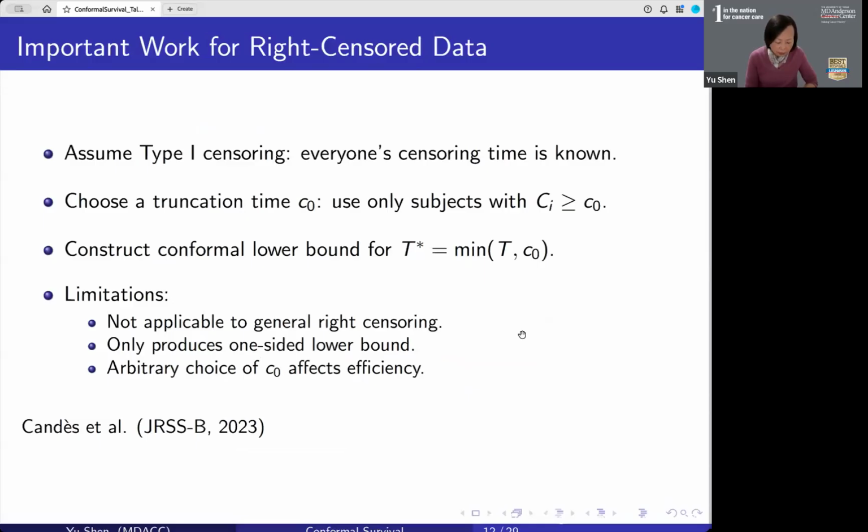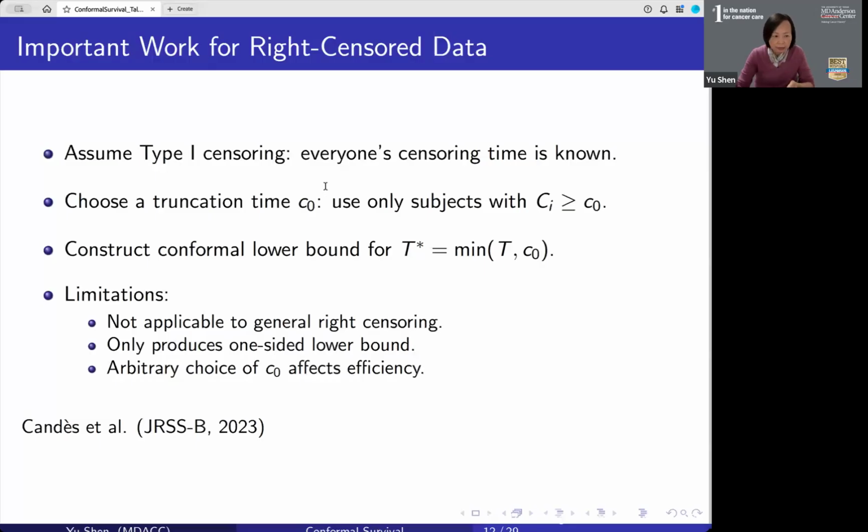In order to deal with right-censored data, they did a lot of interesting things, like truncating the data to select a portion of subjects in the right-censored group with censoring time greater than a truncation time. The choice of this truncation time is a bit ad hoc, and even worse, they can only handle type 1 censoring.